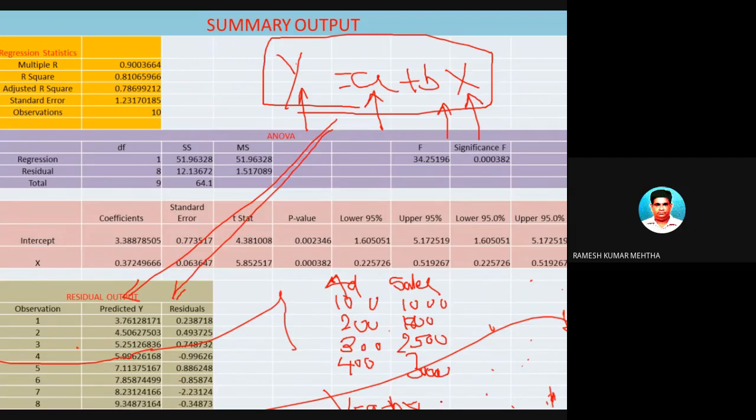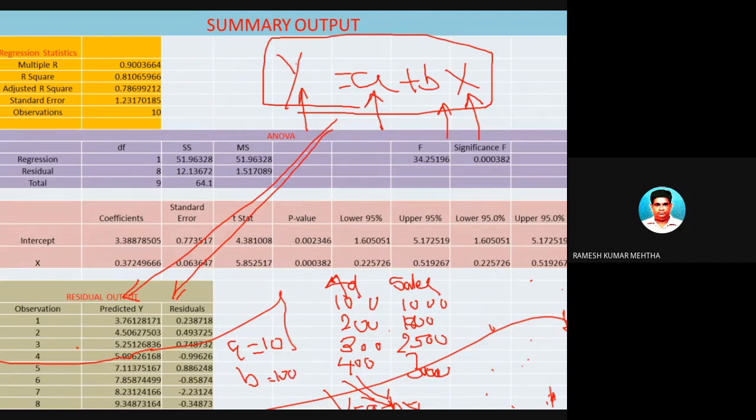Just pay attention. So if I find an equation like this, say a is equal to 10 and b is equal to 100. I'm not running a model, I'm just taking tentative numbers as an example.